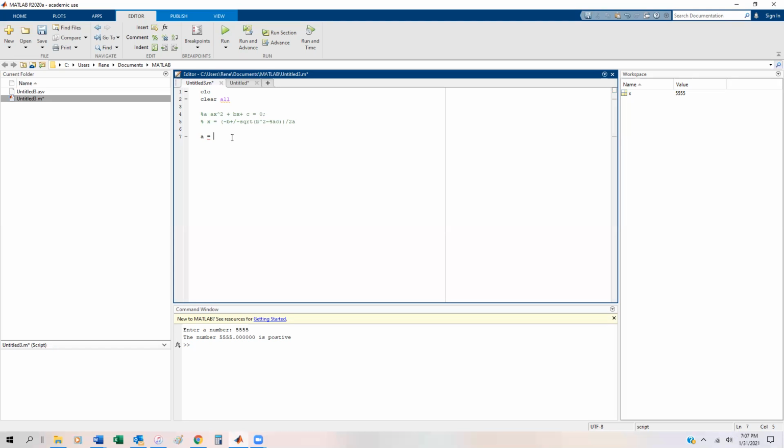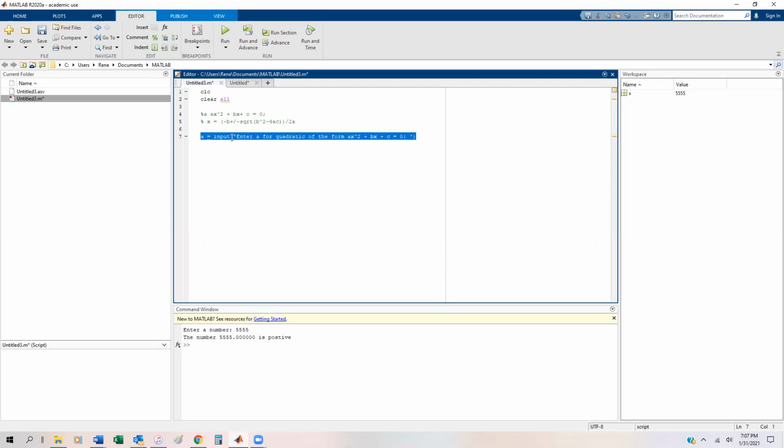So let's let a be equal to input, and let's just call this enter a quadratic of the form ax squared plus bx plus c equals 0.